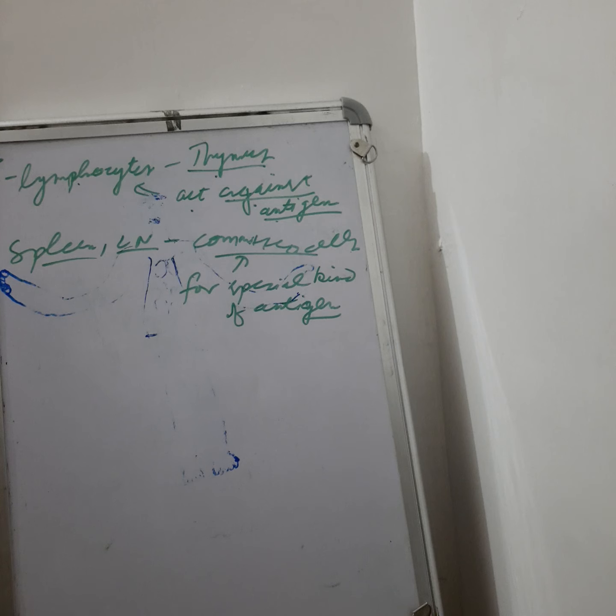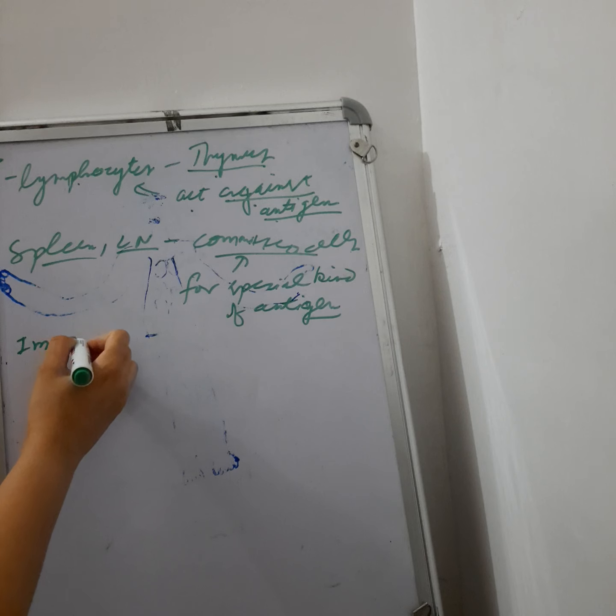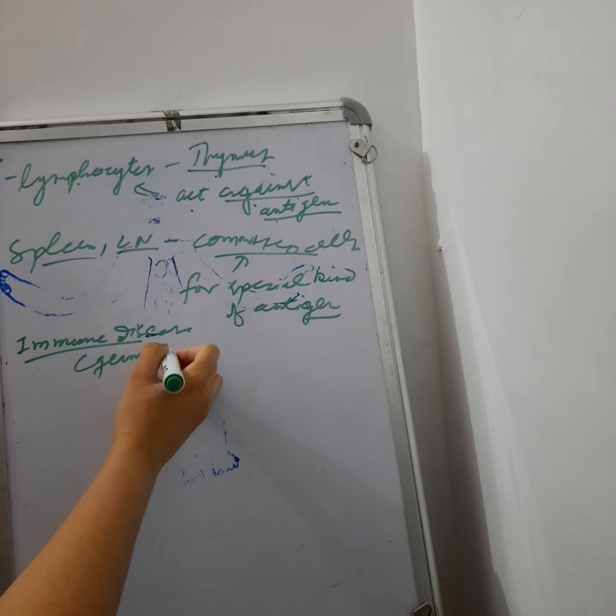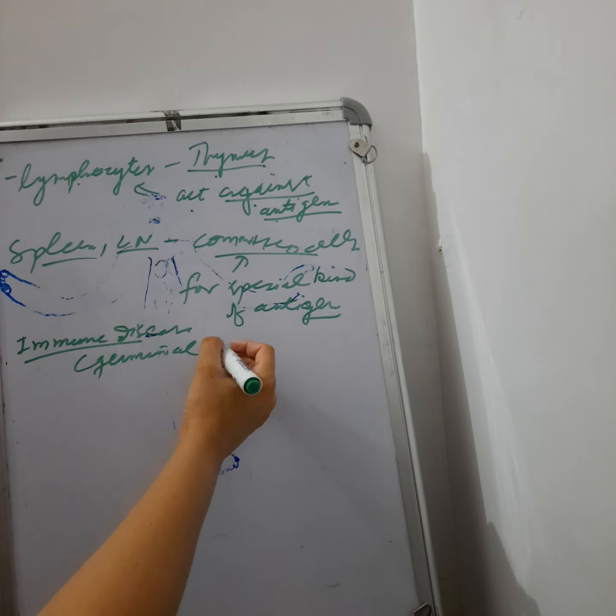Normally there are no germinal centers in the thymic cortex. If such centers appear, they may be responsible for immune diseases. If any kind of germinal centers are present in the thymus gland, they may lead to immune diseases.